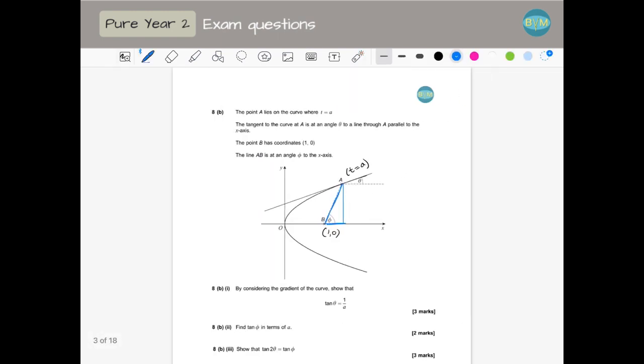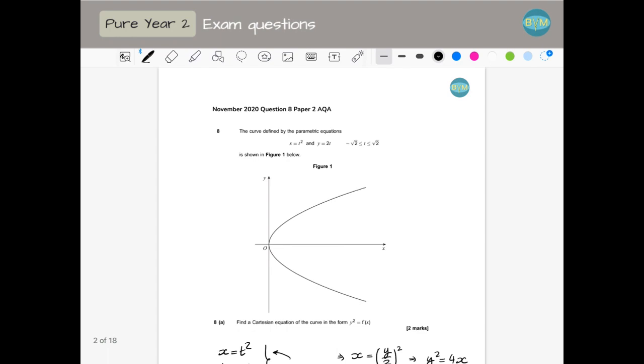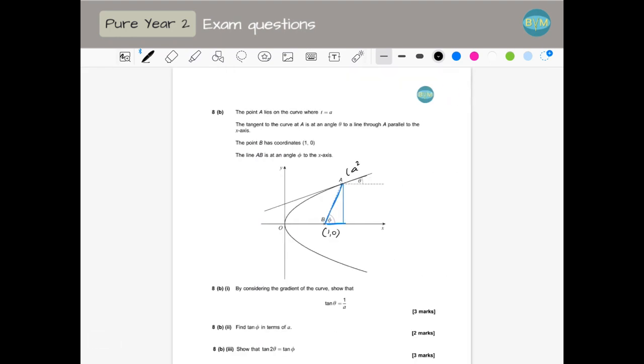So the point A is when t is a, which means that x is t squared, so a squared, and y is 2a. So this side is 2a, and this length is the x coordinate of this point, a squared, minus the x coordinate of B, which is 1.